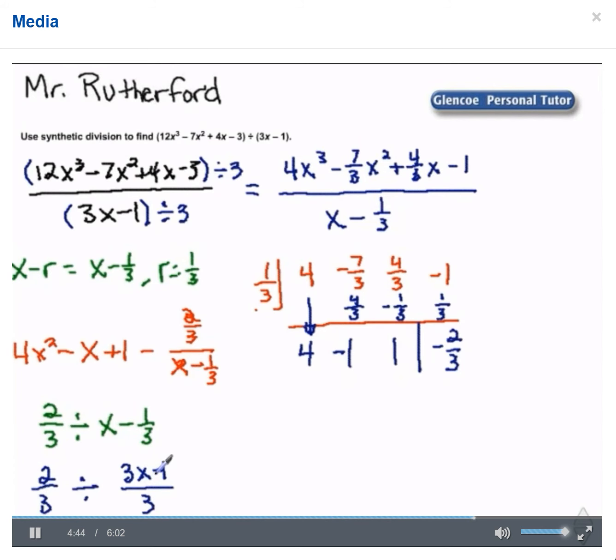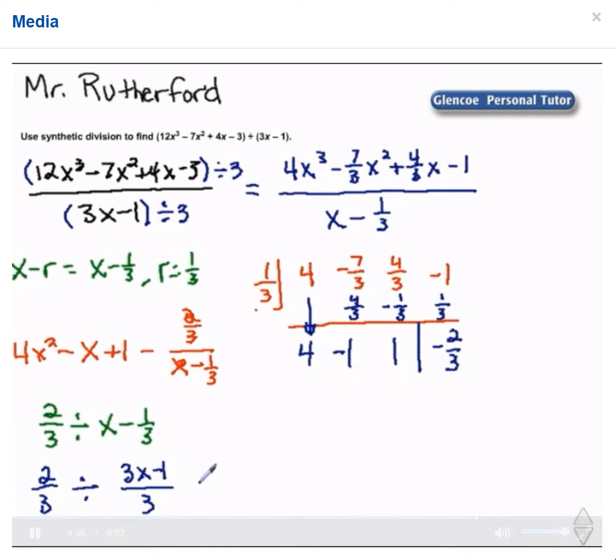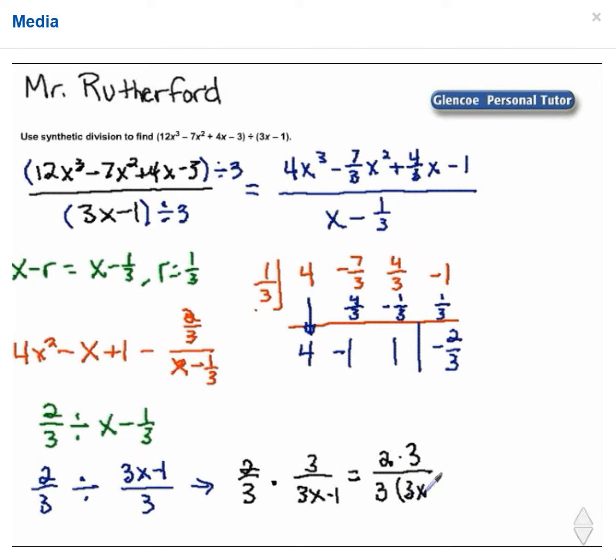Now we can change this using the division rule to multiplication. So this is equivalent to 2/3 times the reciprocal of 3x minus 1 over 3, which will be 3 over 3x minus 1. So in the numerator, I'll write this as the product of 2 and 3. And in the denominator, we'll have 3 times 3x minus 1.